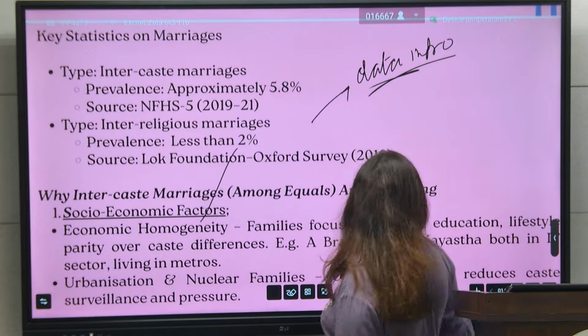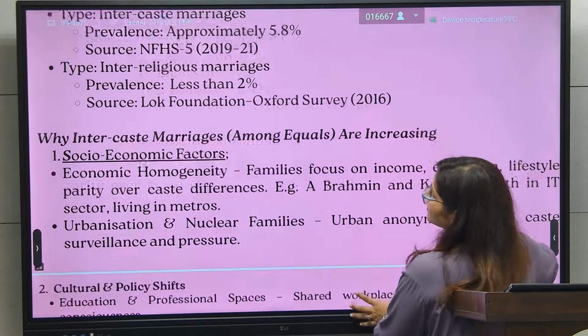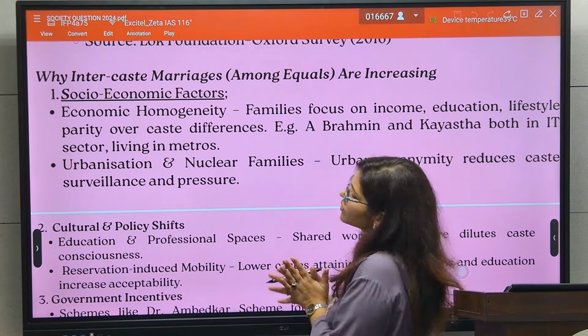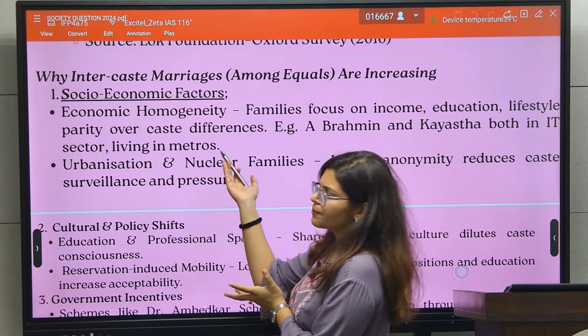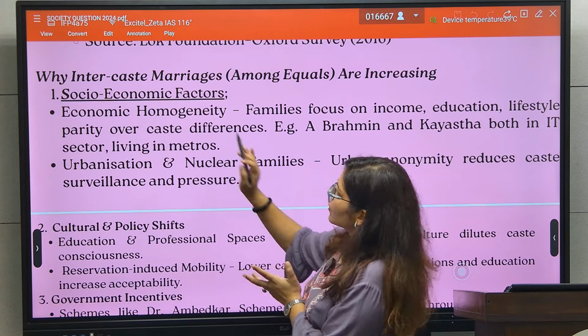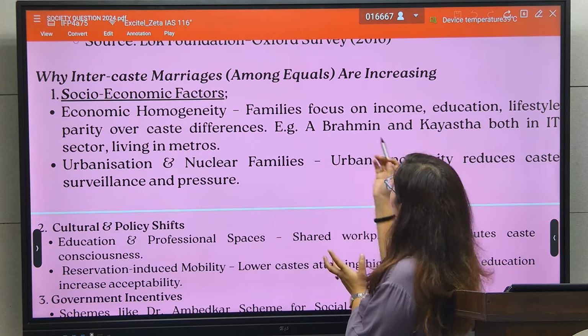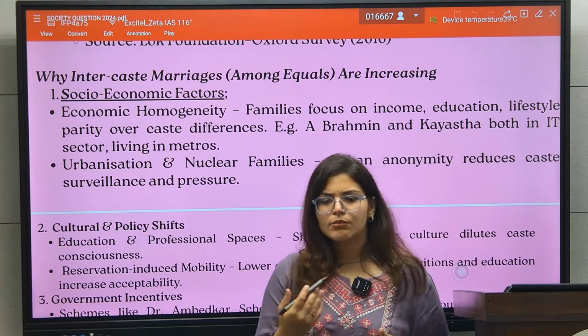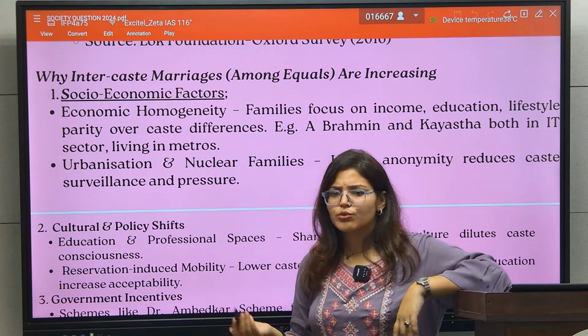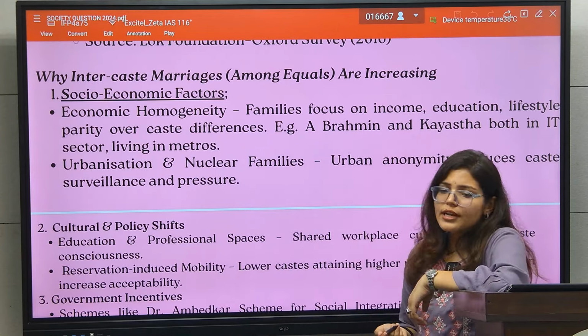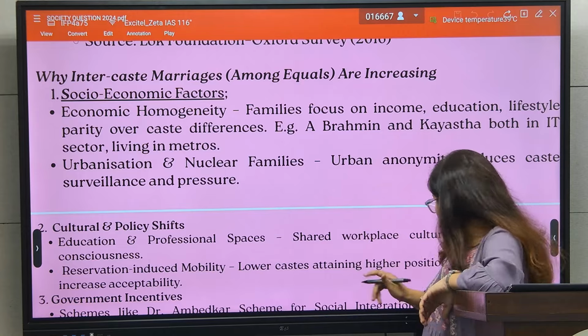Now, why are intercaste marriages increasing among equals? I told you there are socio-economic factors like economic homogeneity, that families focus on more income level, more lifestyle level. There is urbanization and nuclear family. There is a cultural and policy shift.